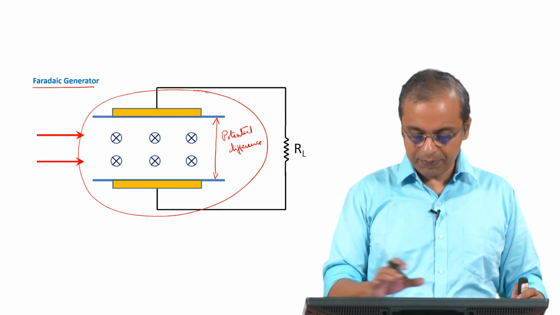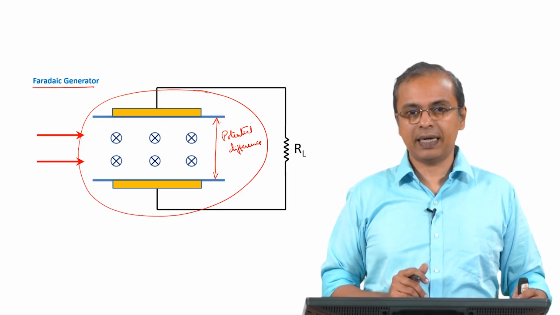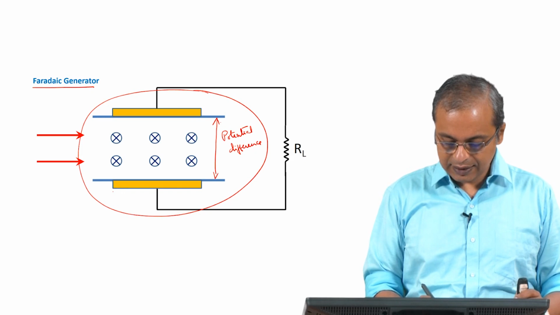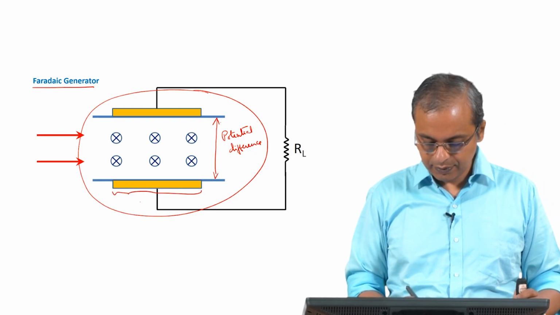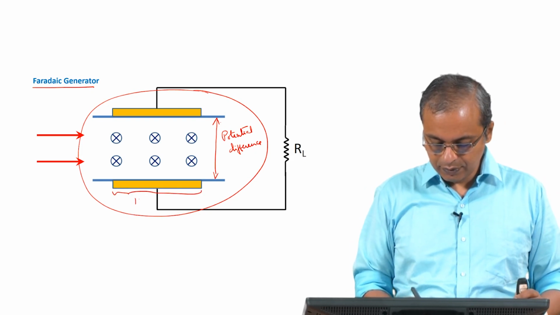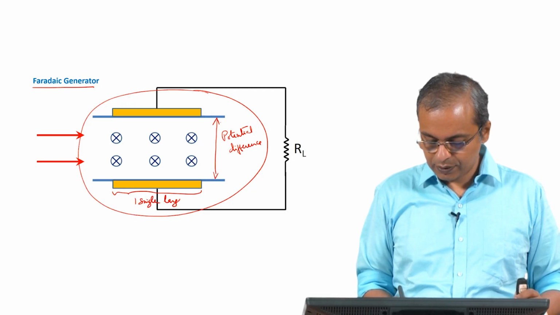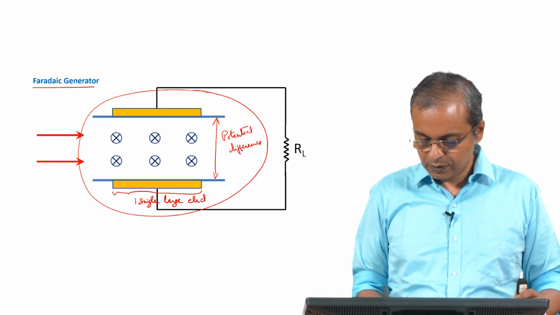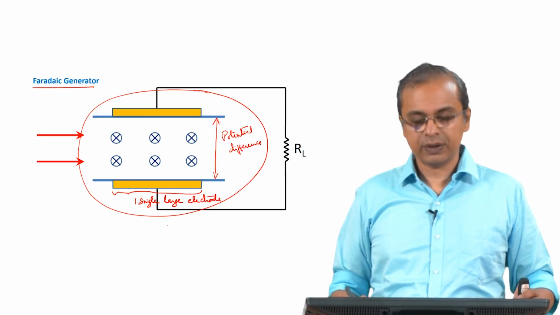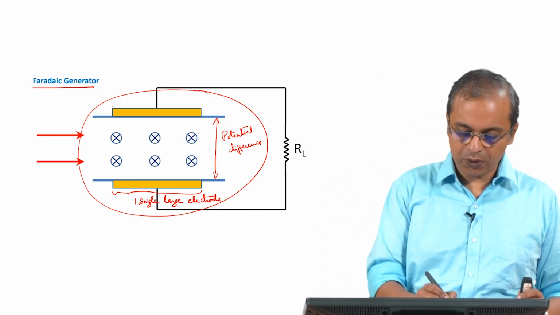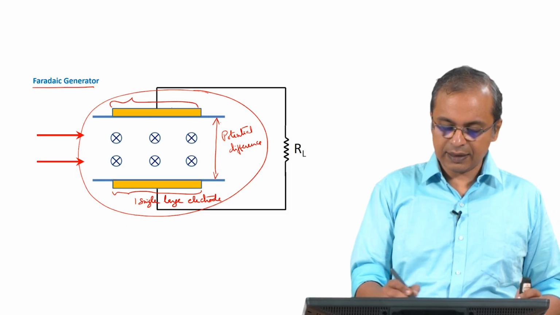For example, in this manner in which we are capturing energy, we put one large electrode here, one single large electrode. So, this is one way we would do it. Similarly, on top you will also have another single large electrode.